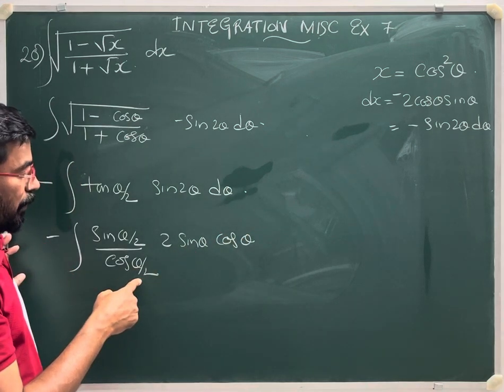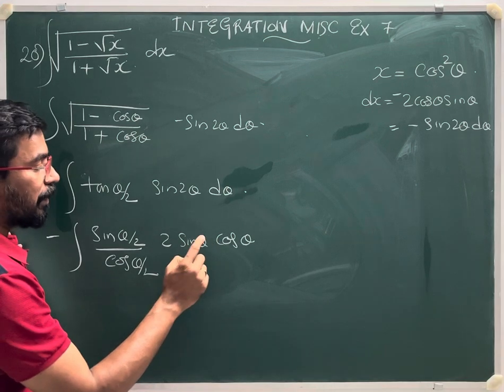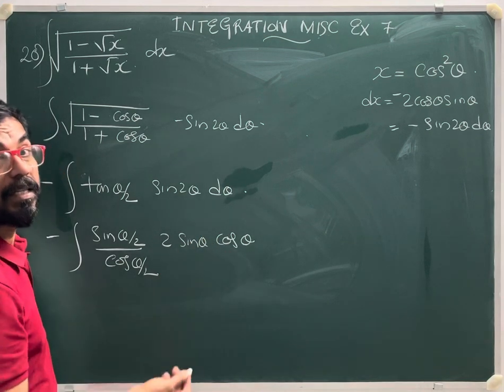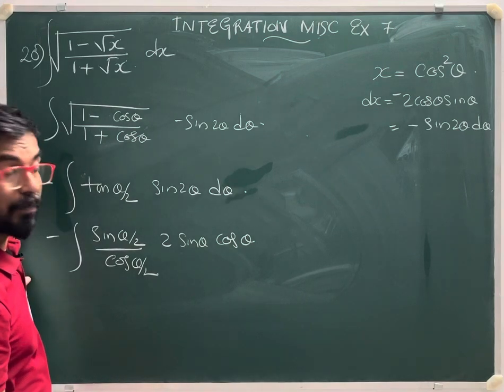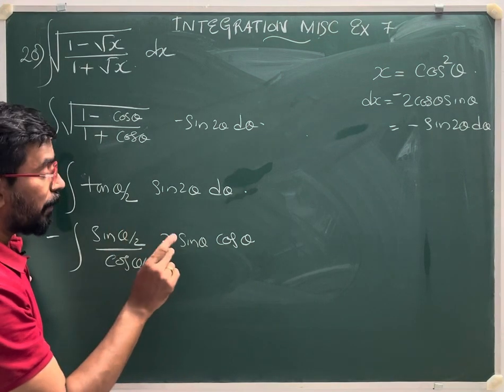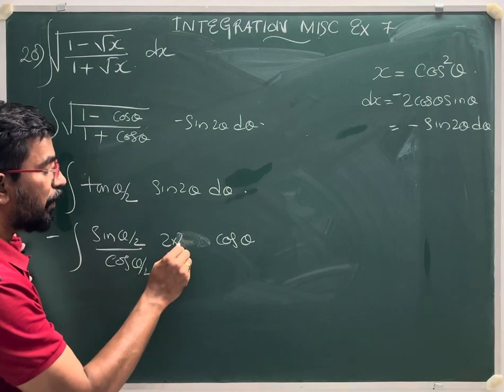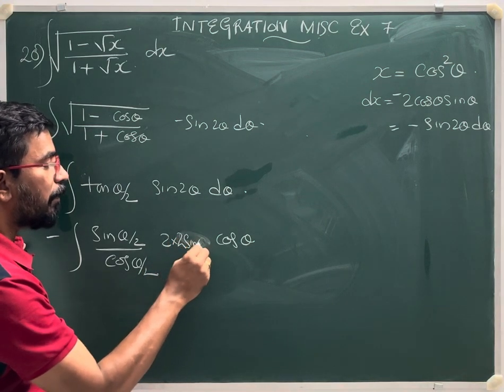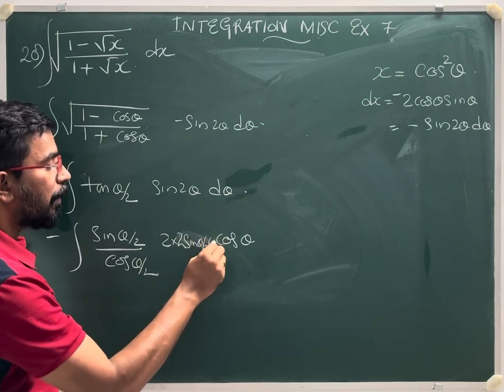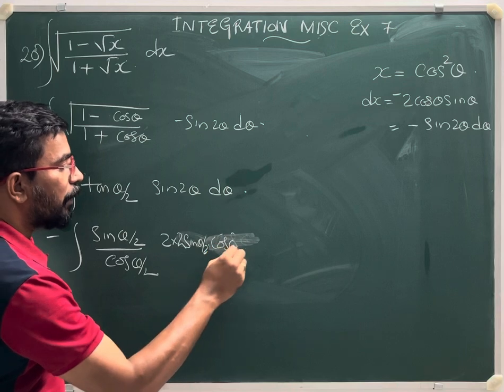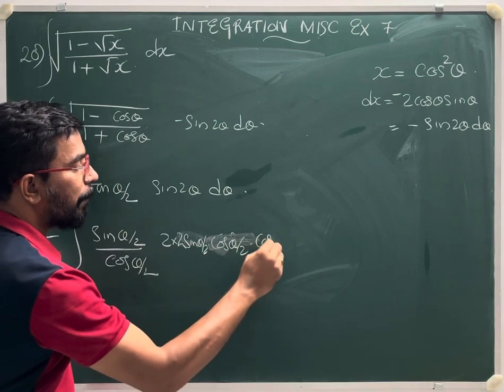So this sin theta can further be written as 2 sin theta by 2 cos theta by 2, like a sin 2a formula.